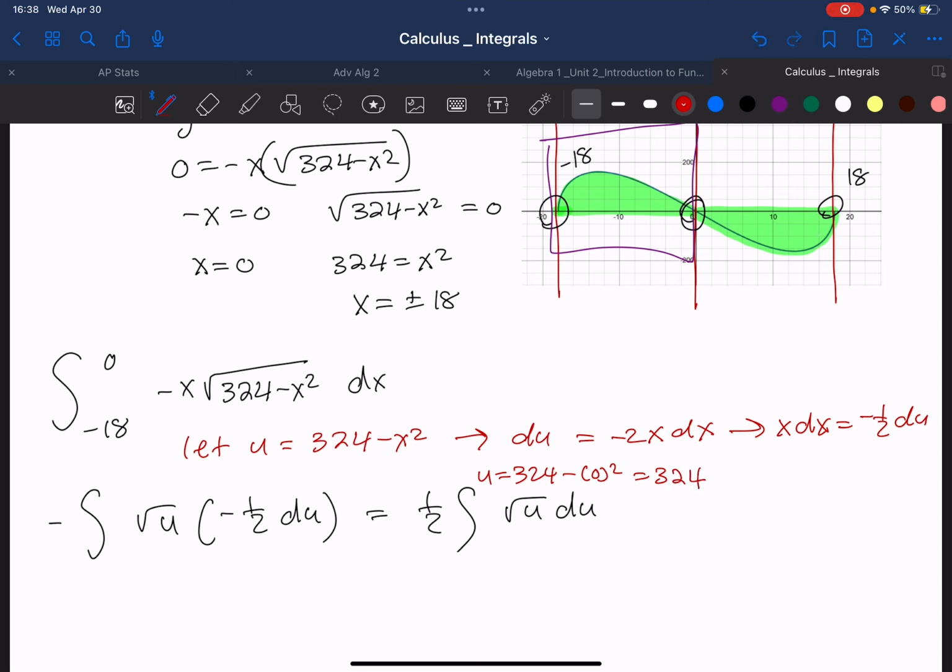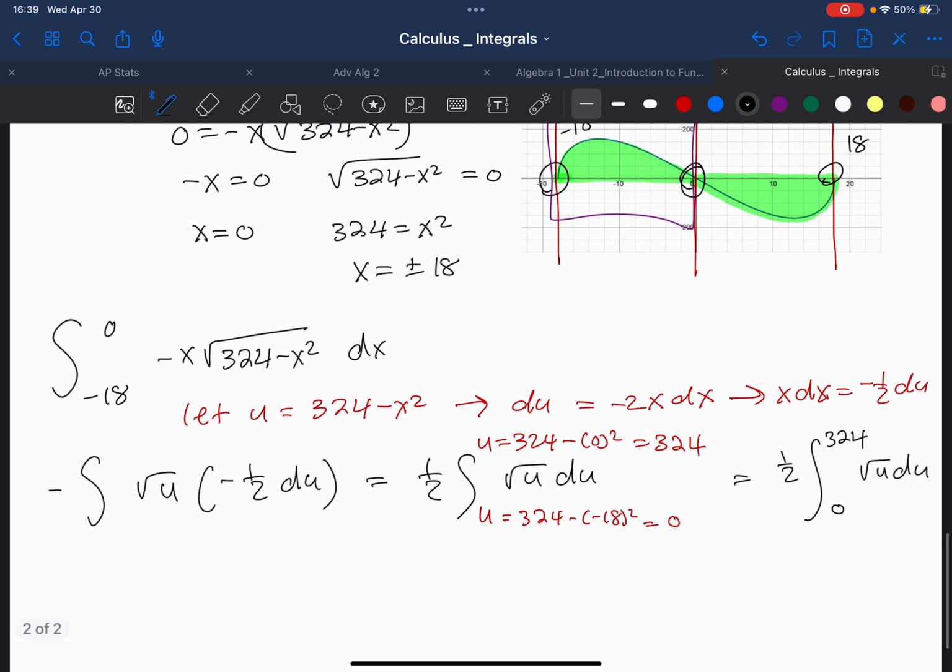And then on the bottom, that negative 18, this is u is equal to 324 minus negative 18 squared, which is going to give me 0. It's going to end up canceling it out. So really, I have 1/2 times the integration of 0 to 324 square roots of u du.